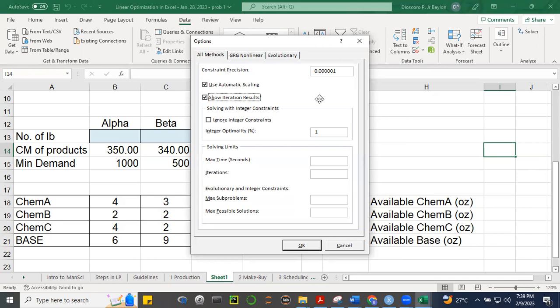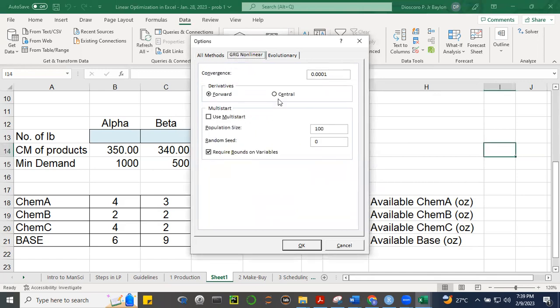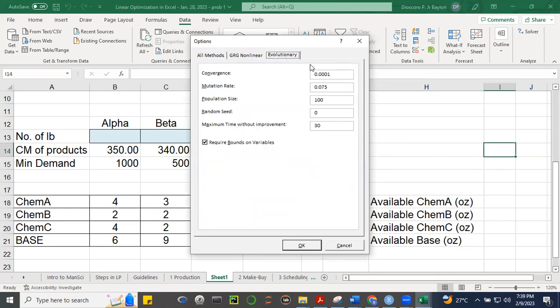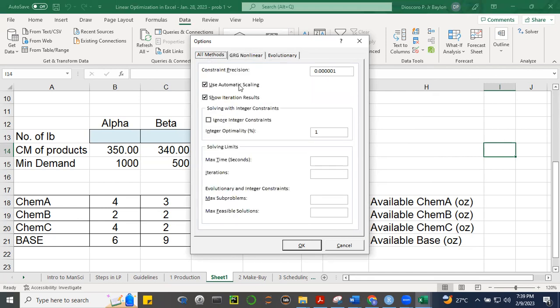So here you have GRG nonlinear in case you're doing a nonlinear model, or evolutionary, which can also be used for nonlinear. But for our purposes, we will just focus on the simplex algorithm and then show iteration results.